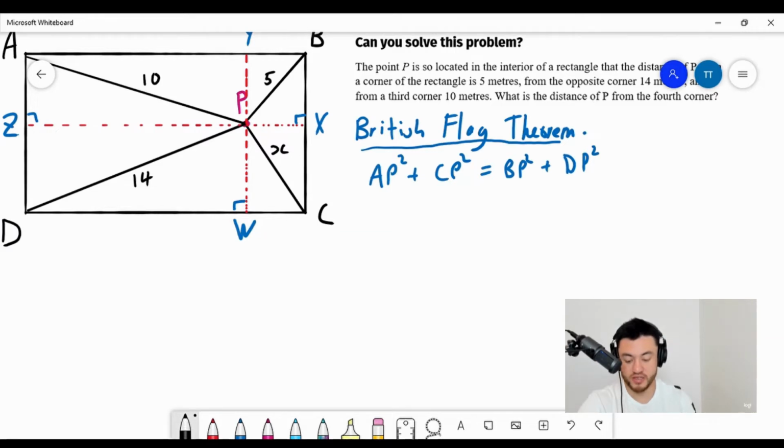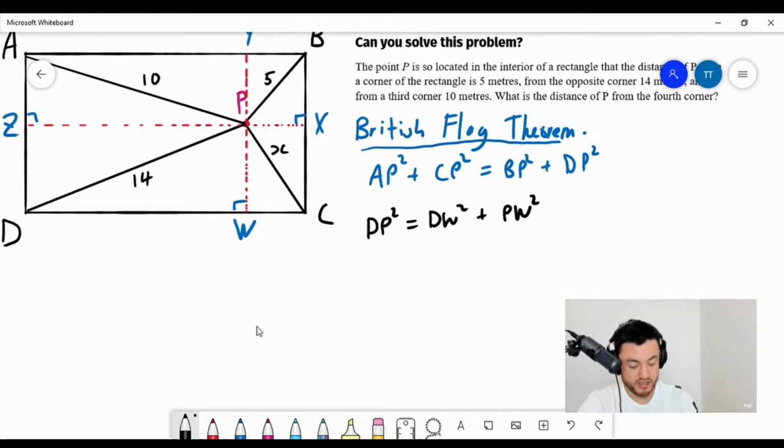Let's consider triangle DPW. So using Pythagoras' theorem, we'll have that DP squared is equal to DW squared plus PW squared. Now instead of using PW, I can say that PW is the same as ZD. So I'm going to replace the PW squared with ZD squared.